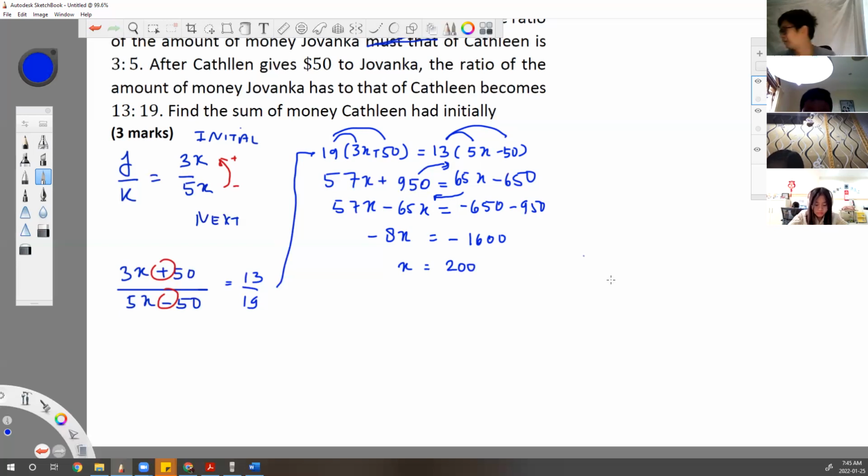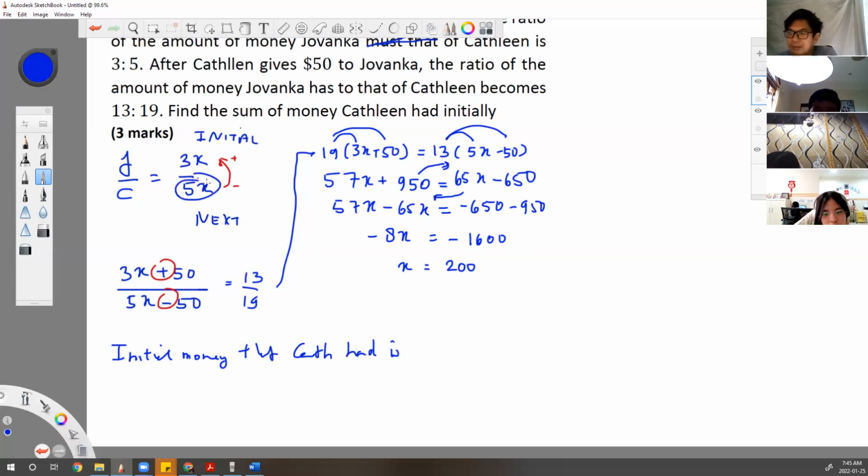And what's the question asking you for? Find the sum of money that Kathleen had initially. Oh, not K, C. Kathleen with C. So the initial amount of money that Kathleen had is 5x, right?